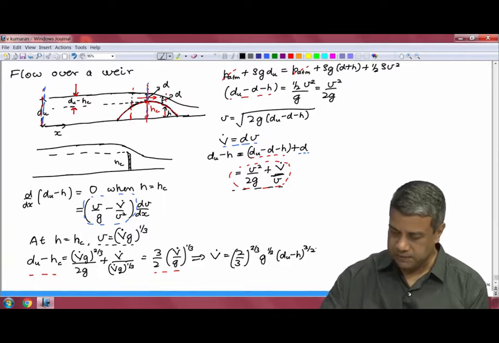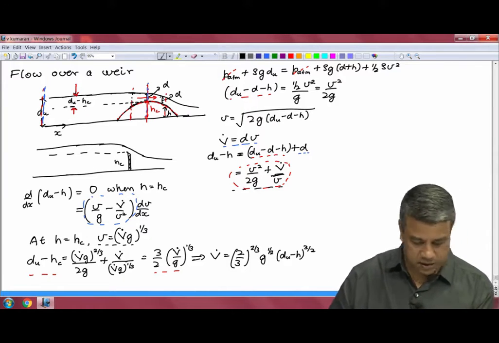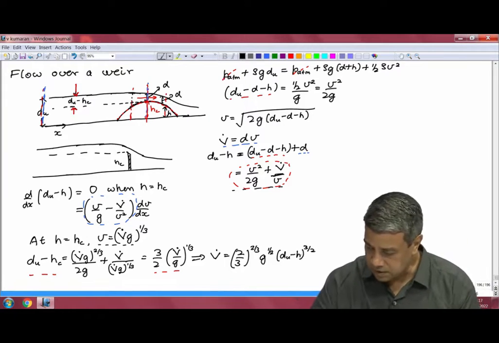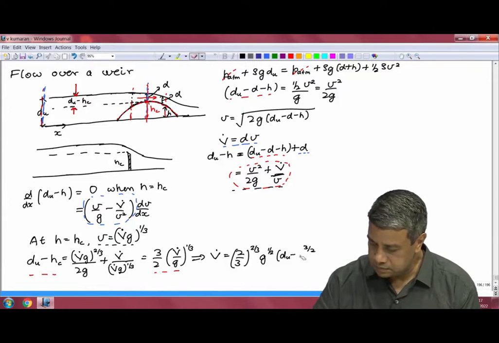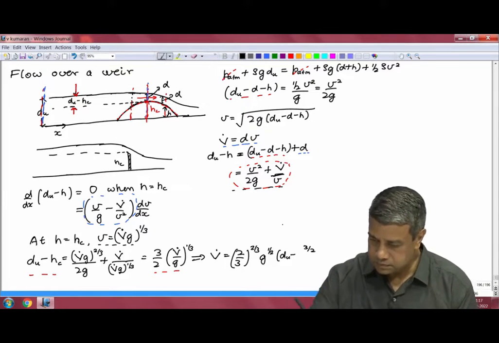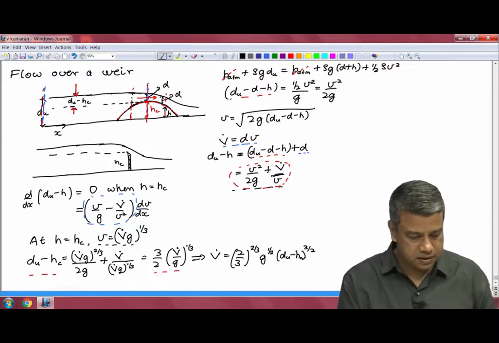So, this should be Hc because that is the maximum height of the crest. That is Hc, which is the maximum height.